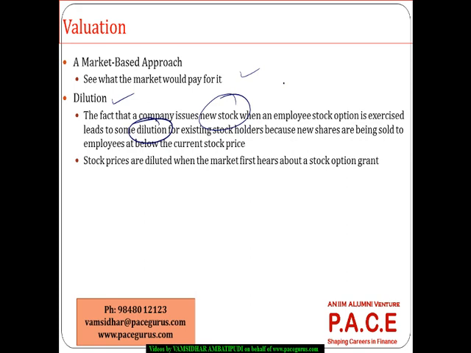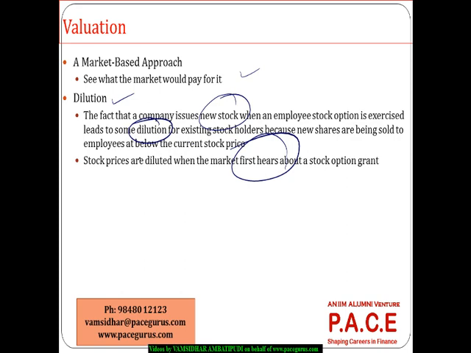So the moment an investor or the market hears about the stock option grant, it immediately reacts to it. Now, the moment I make an announcement, I'll see by how much the stock price got diluted by the market. From this dilution, I'll work backwards to identify what should be the value of this stock option.